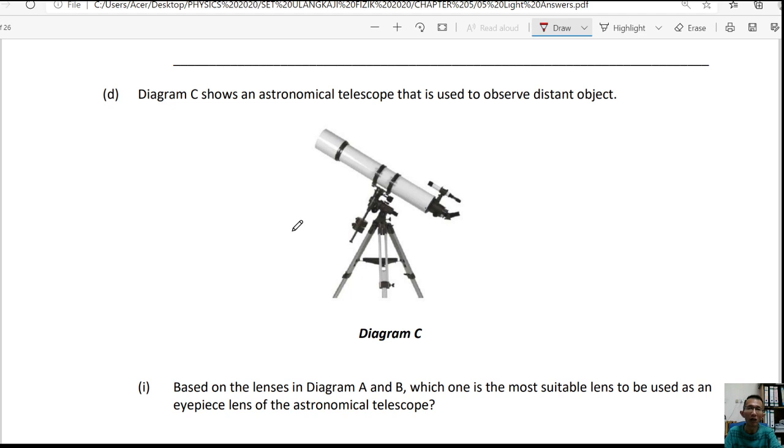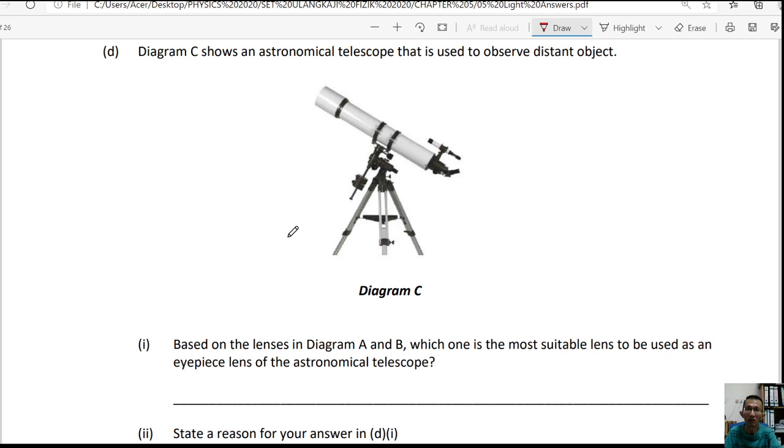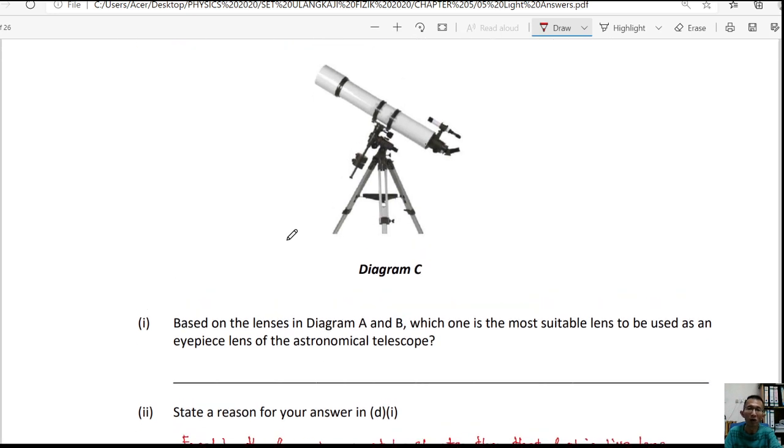Diagram C shows an astronomical telescope that is used to observe the distant object. So based on the lenses in diagram A and B, which one is the most suitable lens to be used as an eyepiece? Okay, as an eyepiece. Remember, for telescope, we have objective lens and we also have our eyepiece. So both of them, they have their own focal length. So for telescope, how is our FO and FE?